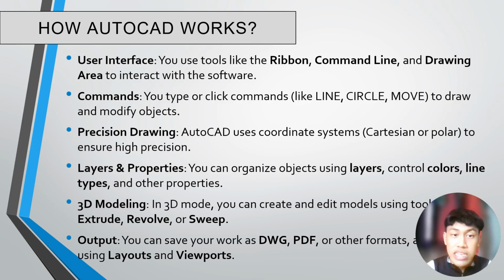And for layers and properties, you can organize objects using layers, control colors, line types, and other properties. And for 3D modeling, in the 3D mode, we can create and edit models using tools such as extrude, revolve, or sweep. And for the output, you can save your drawing as a drawing file, PDF, or other formats, also using layout and viewports.